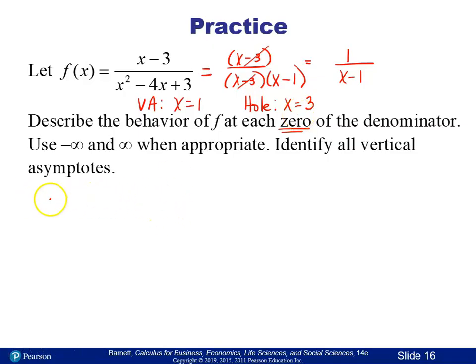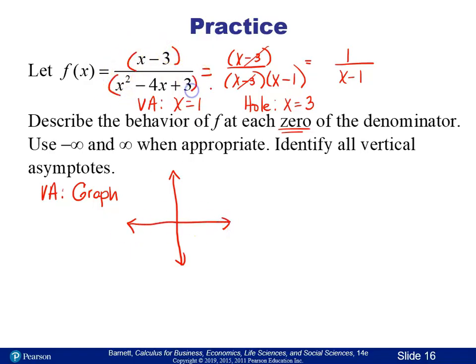So let's take the vertical asymptote first. I would say look at the graph for that. If you sketch the graph on your calculator, just remember, always put parentheses, or if you use the boxes, that's fine, but always put parentheses around that when you're entering it in the calculator. We have a vertical asymptote at 1 and the graph looks something like this and this.